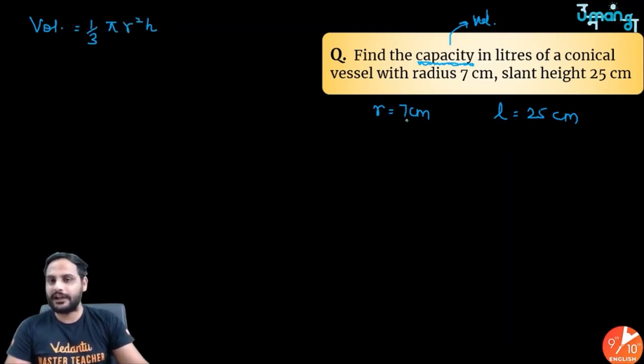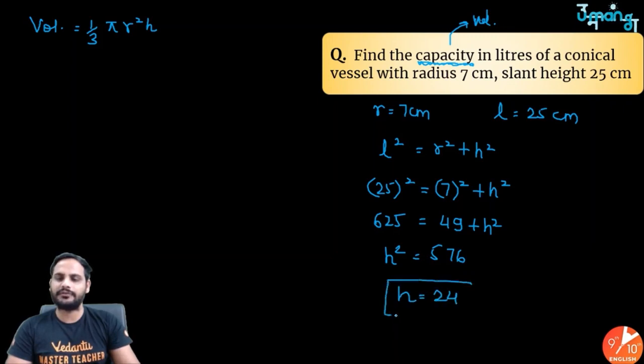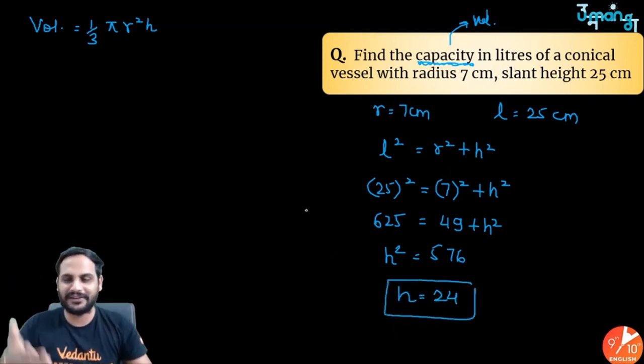Now I don't know h, but I can get it. L square is equal to r square plus h square. So 25 square is equal to 7 square plus h square. So 625 is equal to 49 plus h square. Shift 49 over there. h square is 625 minus 49, 576. So h is equal to 24. Square root, same as the previous question.